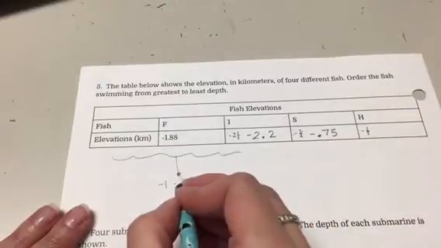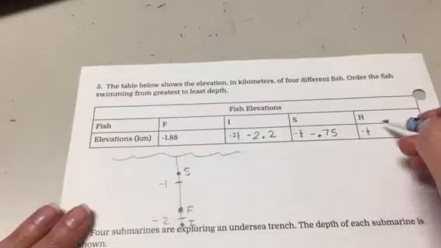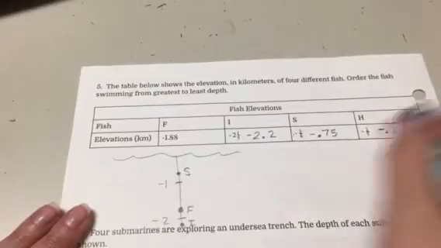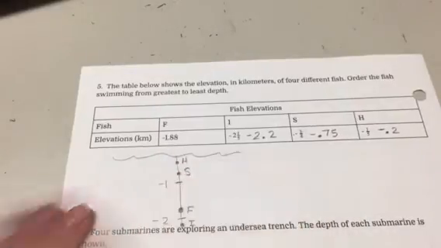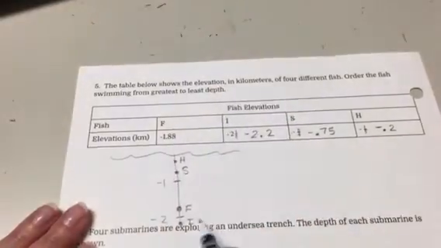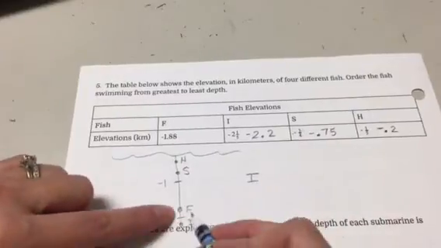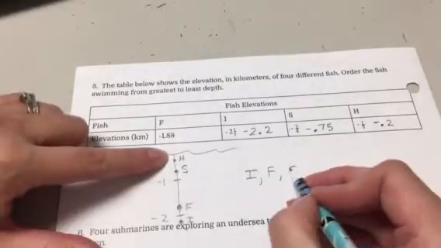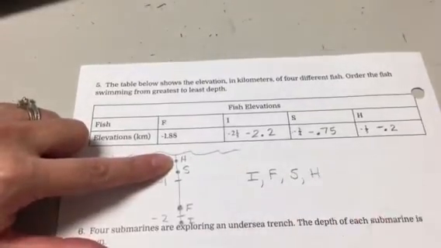That would be about right here for fish S. And the 1/5 we said was 0.2, and this is negative. So fish H would be right here underwater. So the greatest depth would be fish I, and then it would go to fish F, and then S, and then the least depth would be fish H.